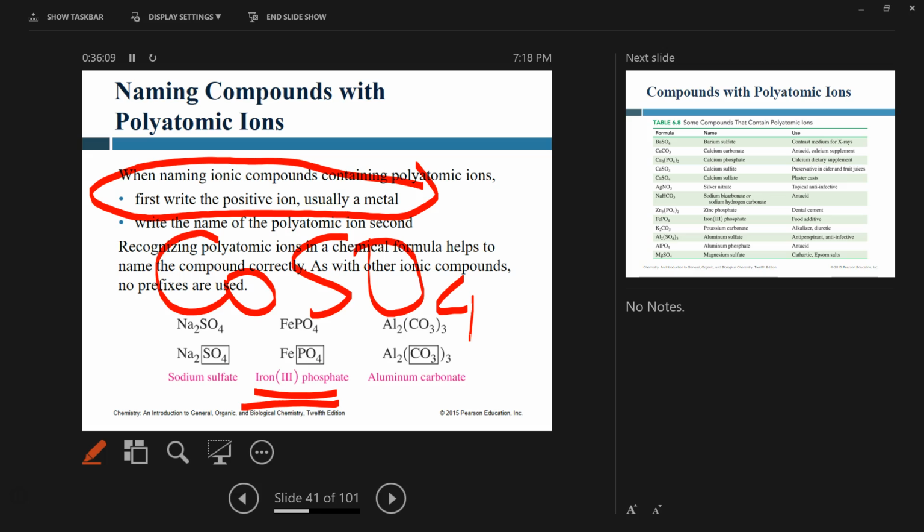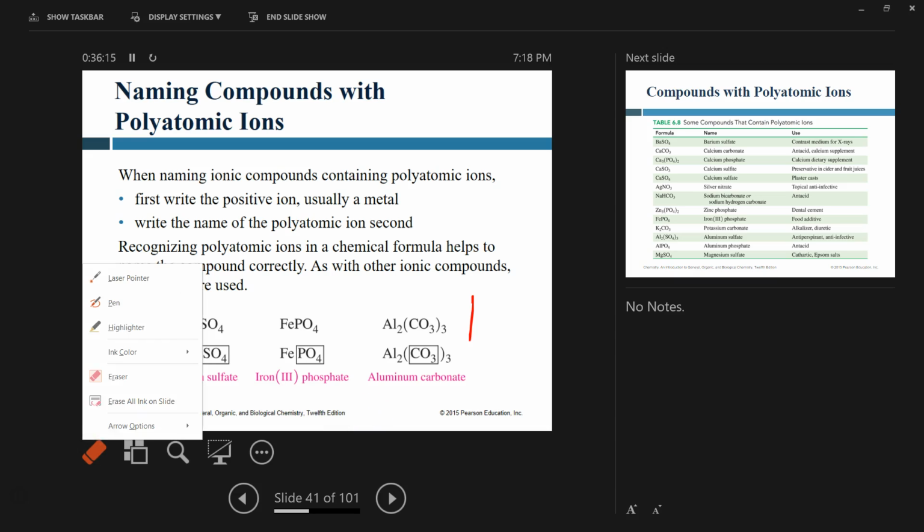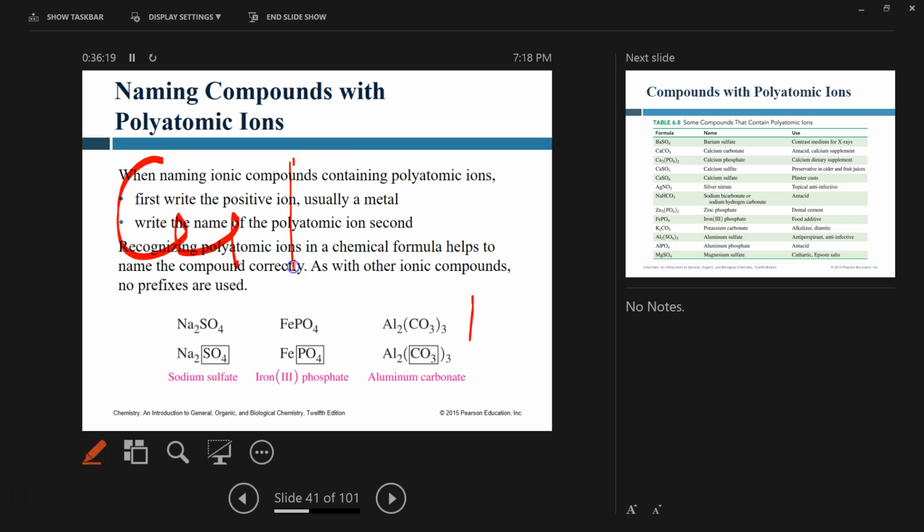Now, what if you have another compound? For instance, it's copper, yes, and NO3 has -1, right?